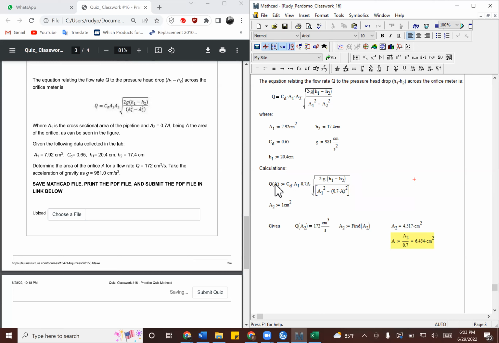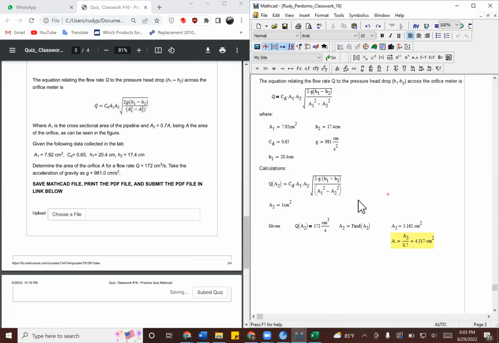So instead of Q of A.2, it's Q of A, and in here you just do A given that, and then find A. So it would just give you A straight away. Or you could do it a step longer, how I did it, and then get this all back.